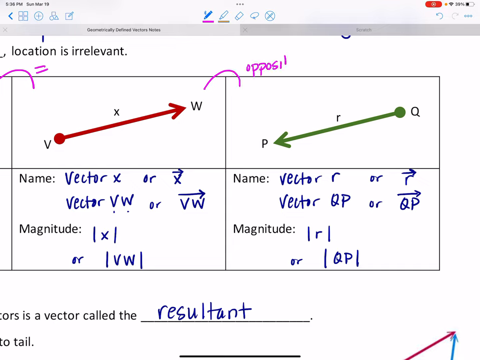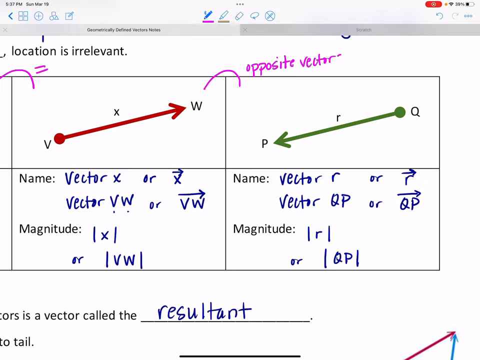And if I was to add these two opposites, then the magnitude would be 0. So if I went 8 units this way and then I went 8 units that way, then I would end up with just a point, right? If I start at a point, go this way, and then come back the same amount, I end up right there. There's no magnitude left. There's no actual vector left, just that point. So these are opposite vectors.